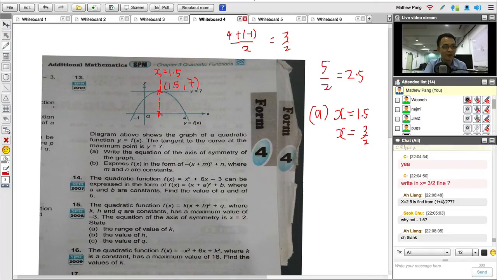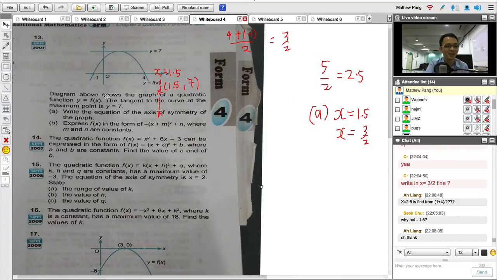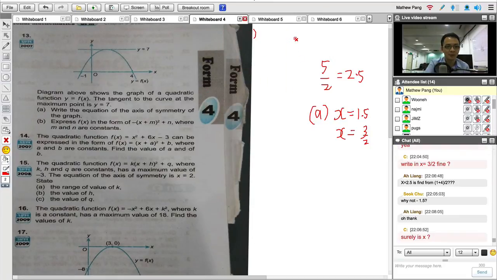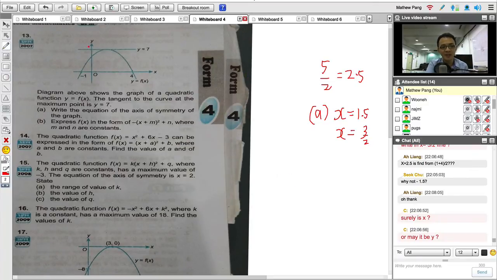So, okay, now I want to express it. Let me move this one. I need more space to write now. Let me delete the unnecessary part. Surely it is x, because for a quadratic graph, it is always in this pattern.